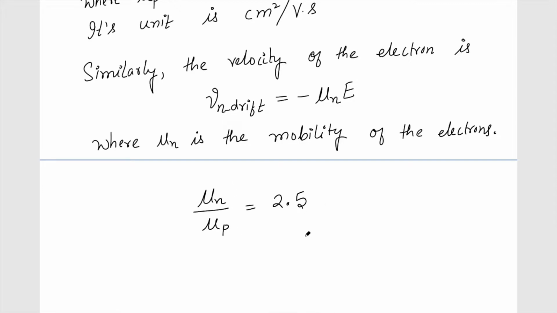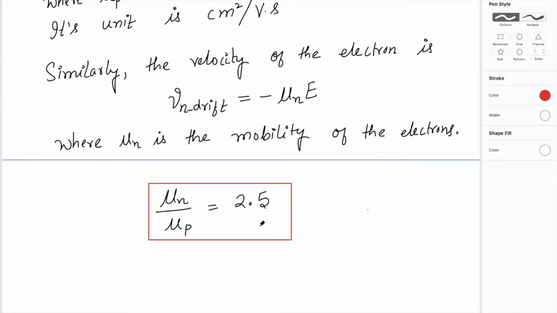Okay, so this we will be seeing in future. Of course, this is an approximate number, and with doping, this ratio also may change. Again, this also we'll be discussing in a future class.